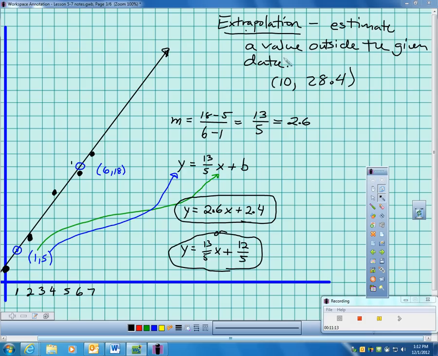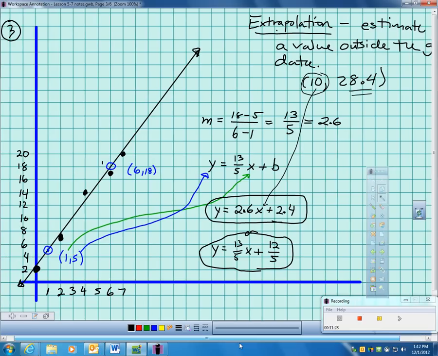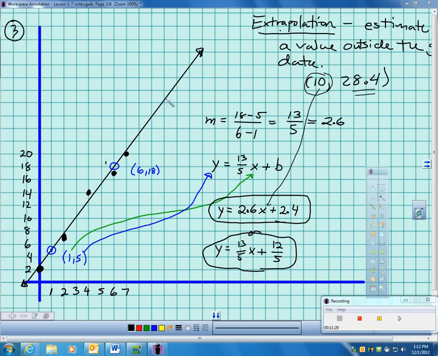if I estimate a point outside the data like x equals 10, I would do the same thing. I would take 10 and I would plug that in for x, and if I take 2.6 times 10 plus 2.4, that's telling me y would be 28.4. That's an example of extrapolation. Okay?